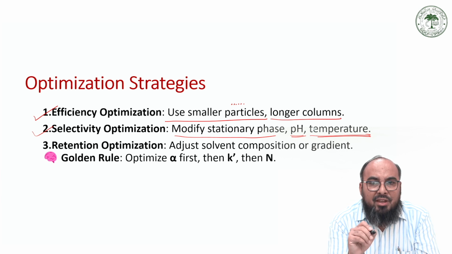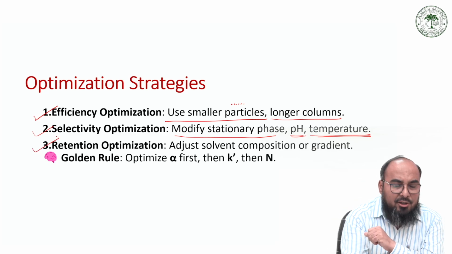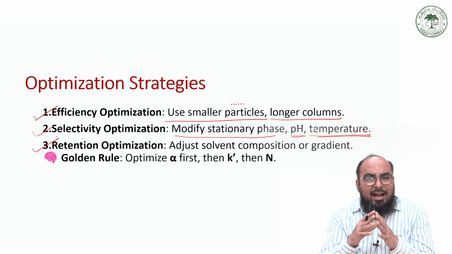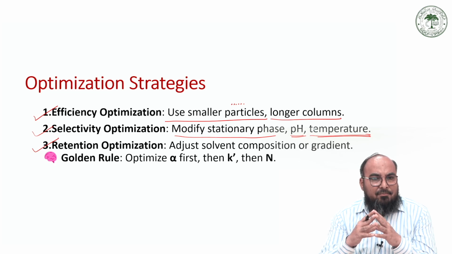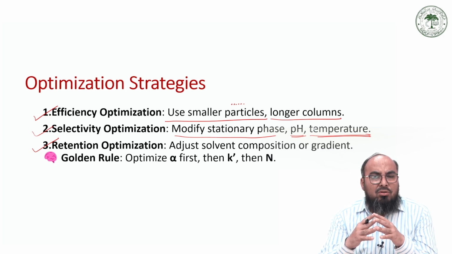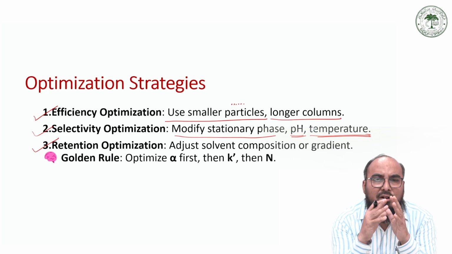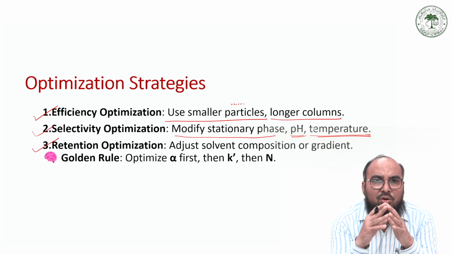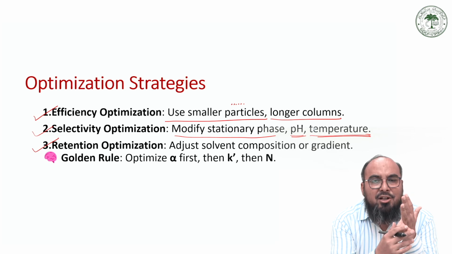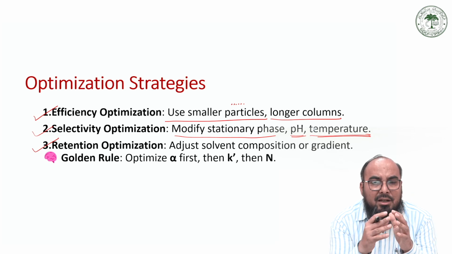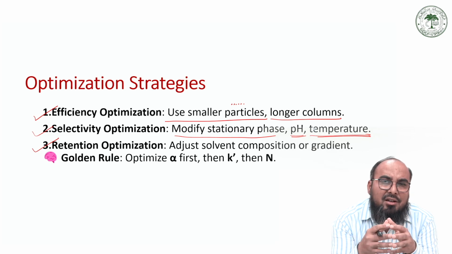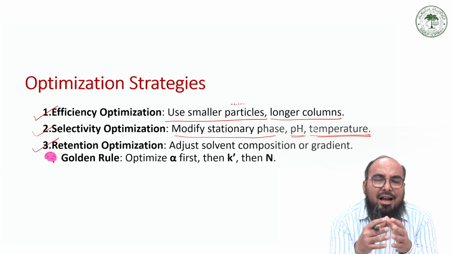The third thing is the solvent composition or gradient. You have to select your mobile phase with regard to polarity, with regard to the combination. That is, you have that age old theorem, like dissolves like. So you have to keep in mind which type of stationary phase you are using, the nature of the stationary phase, and the solvent.